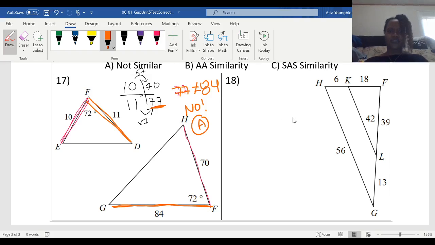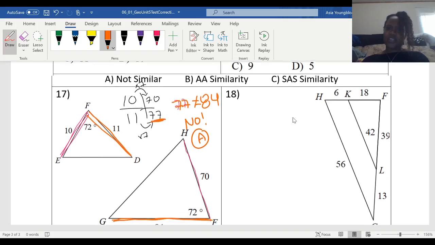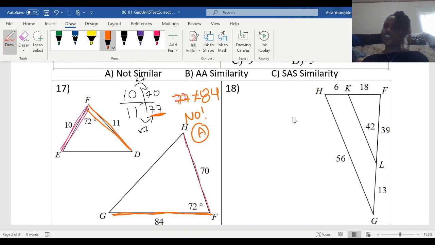But actually, I think when we taught it in class, I didn't officially teach you guys side similarity. So I'm going to focus on using the side angle side similarity. To use the side angle side similarity, we need to show that two side lengths are proportional and the angle between them is equal. So first we want to identify what angle we could say is equal between these two triangles.